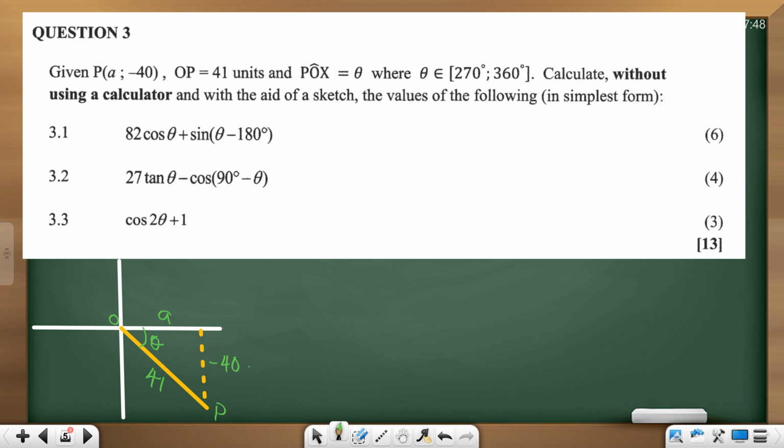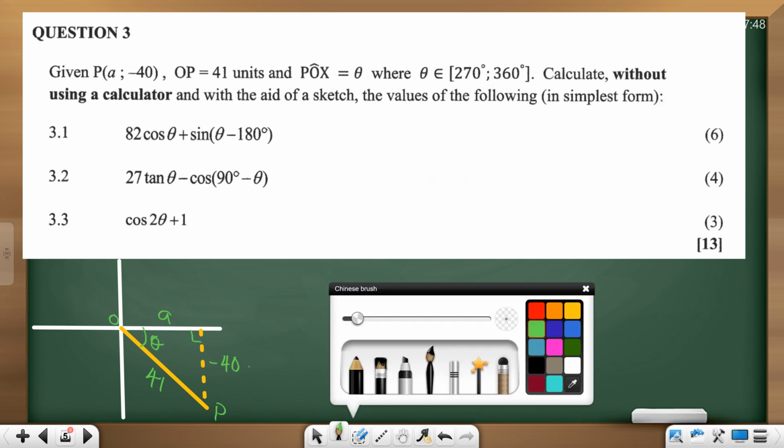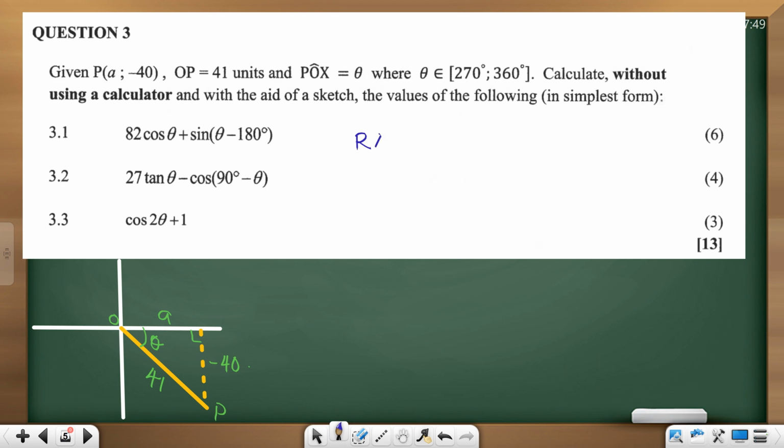Do you know you can get A from here? I told you three things. It's Pythagoras. It's right angle, it's Pythagoras, and trig, SOHCAHTOA. Those are the three things, and it's in that order.